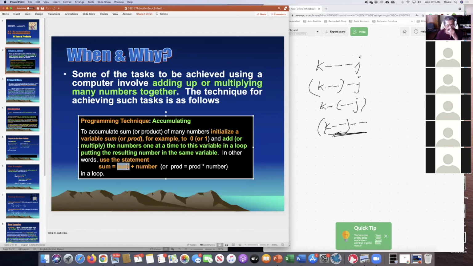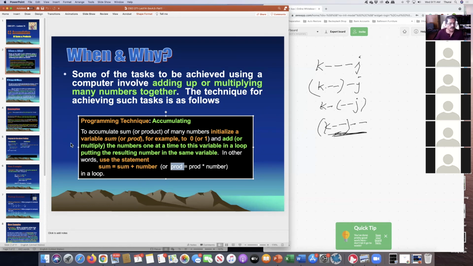You need to start a variable called sum at 0, then add the number and put it back in sum. You have to use the same variable sum. Only then are you accumulating the sum of the numbers. Similarly, if you're multiplying, start a product variable prod at 1, multiply by the number, and put it back in prod. If you repeatedly do that in a loop, then you're multiplying many numbers.